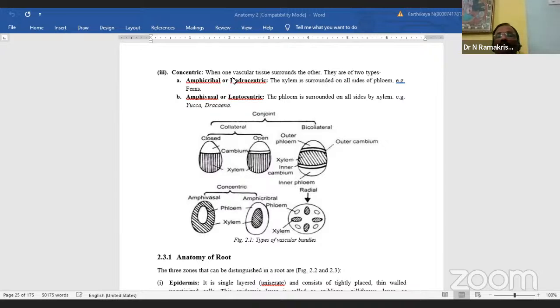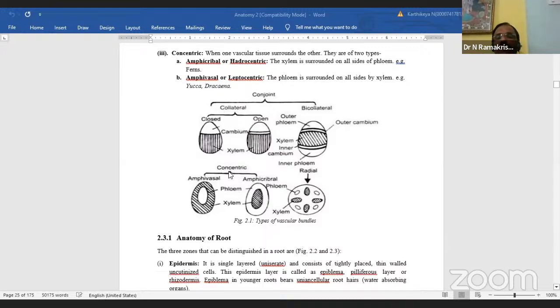There are usually two types: amphivasal, also called hadrocentric, and leptocentric, also called amphicribral. In concentric bundles, either the xylem or the phloem completely surrounds the other. So all together, this is the vascular tissue system.